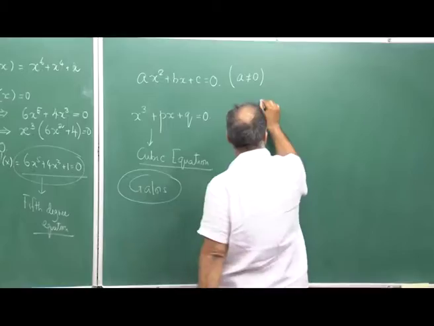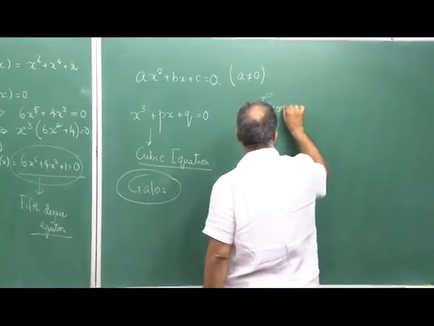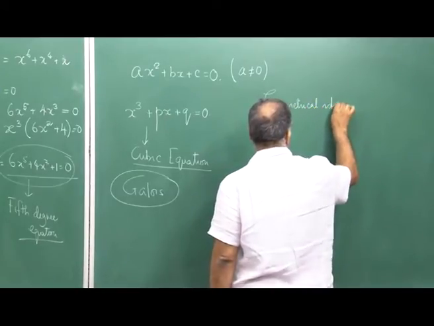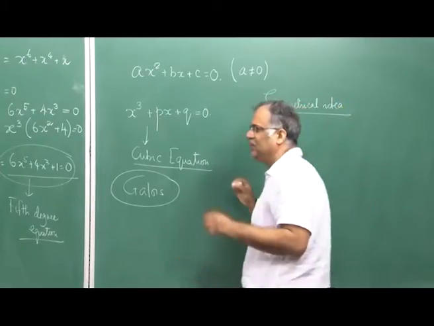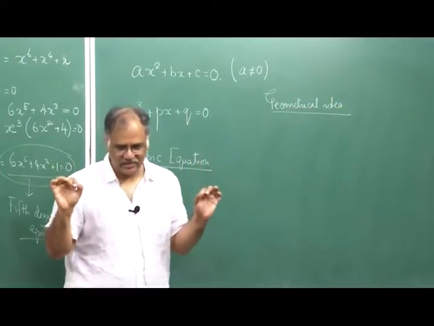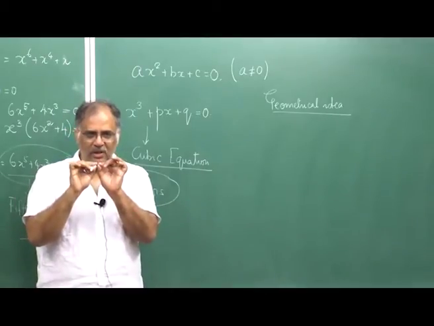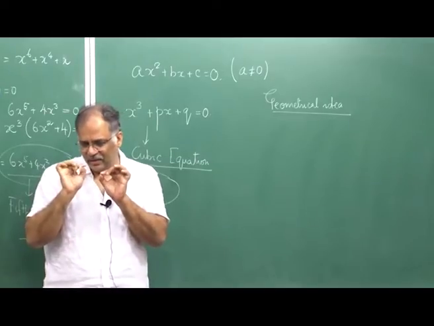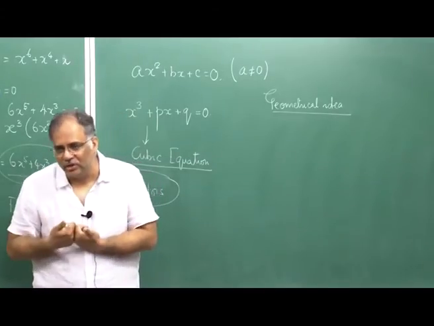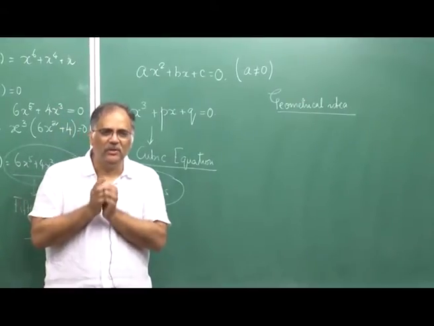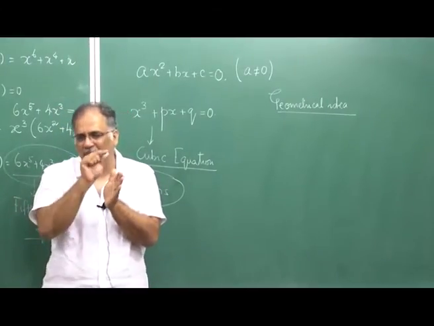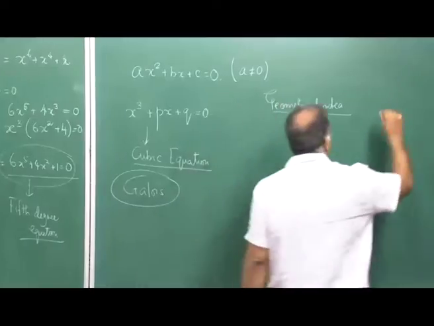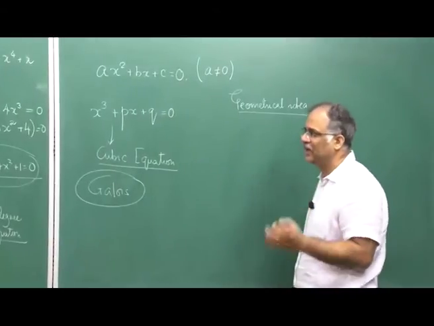So let us look at the geometrical idea behind Newton's method. This idea, I want to emphasize again, rests on the fact that if I take points very near a given point, say x naught, then I can replace the function value by the tangent at (x naught, f(x naught)).